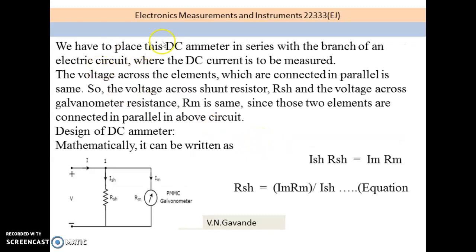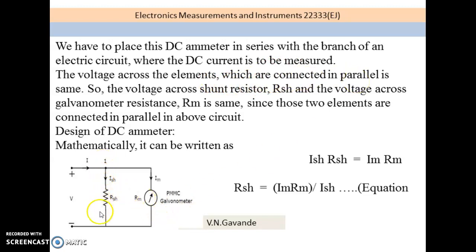We have to place this DC ammeter in series with the branch of an electric circuit where the DC current is to be measured. Remember this in mind. The DC ammeter is always connected in series with the branch of an electric circuit where the DC current is to be measured. The voltage across elements which are connected in parallel is the same.